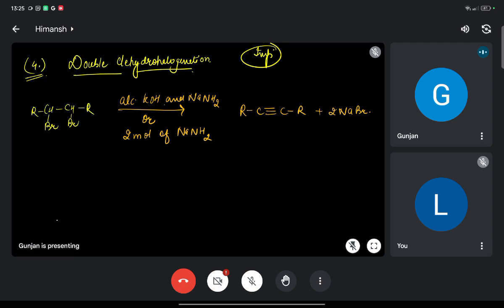Now, how does this mechanism happen? Let's discuss the mechanism of the reaction. Alcoholic KOH, KBr eliminates out, H2 eliminates out.